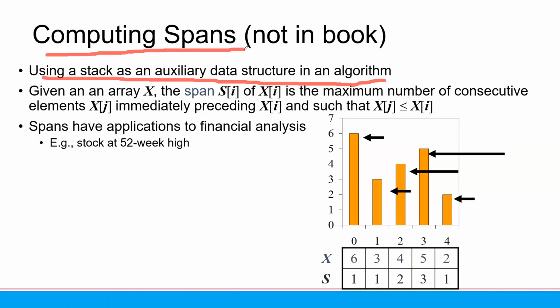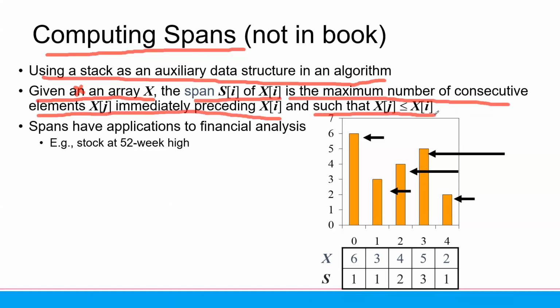So what is computing spans? Given an array X, the span Si of Xi is the maximum number of consecutive elements Xj immediately preceding Xi, such that Xj is less than equal to Xi.